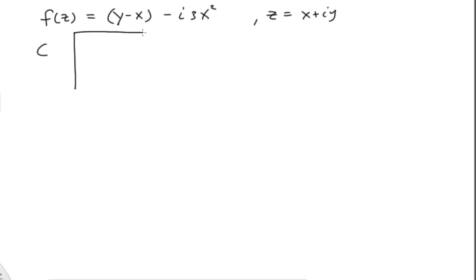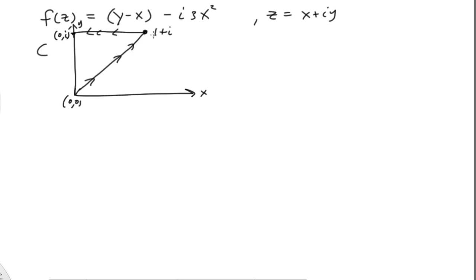I'm going to write this path as follows. We're going to do a triangle in the complex plane. Okay, there's x, there's y, and right there that is going to be 0, comma i, and that's going to be 1 plus i, this point right there, and that's going to be 0, 0, the origin. All right, and I'm going to go around this path. It's going to be a simple closed contour.